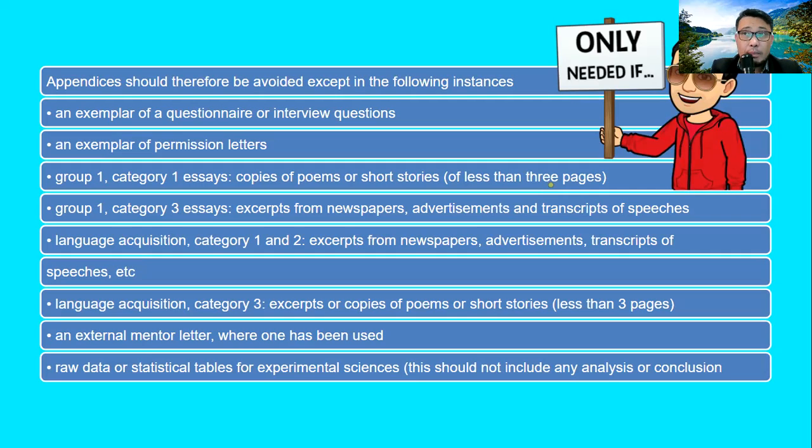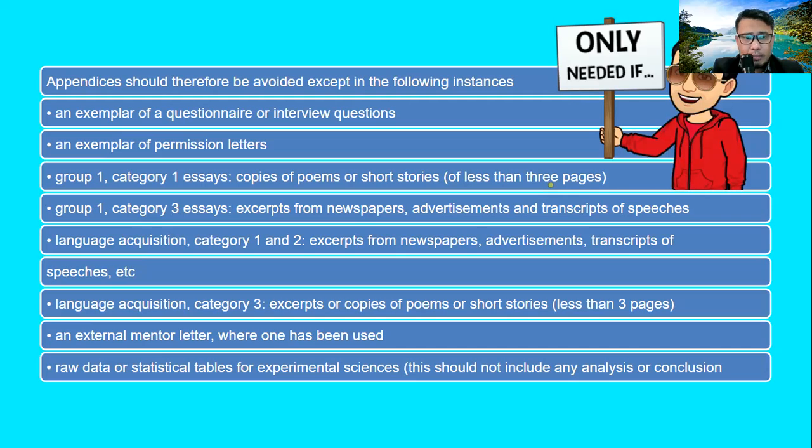You also have to put them in because the teachers or your examiner will need to get to your attachment, for example copies of poems and short stories, to check whether your argument or counter argument or your analysis is correctly done. So it's matched with your primary data.